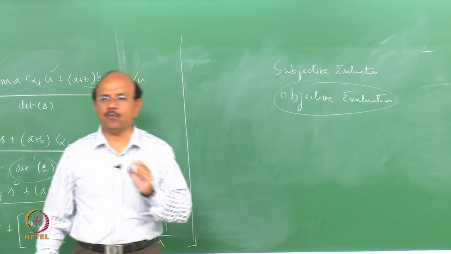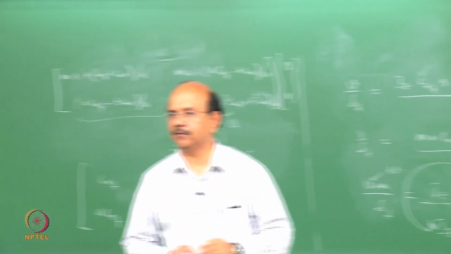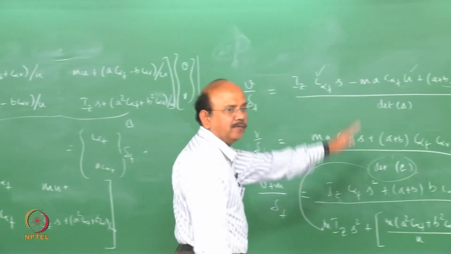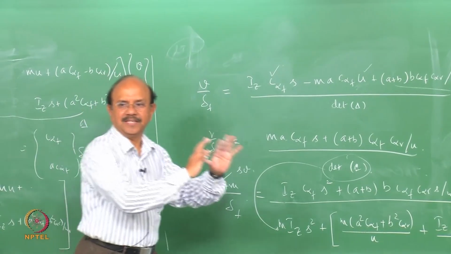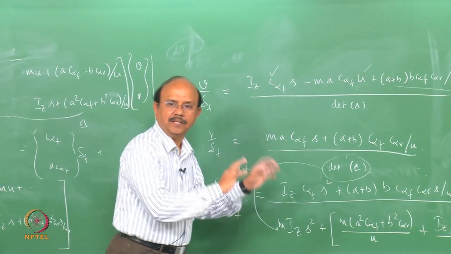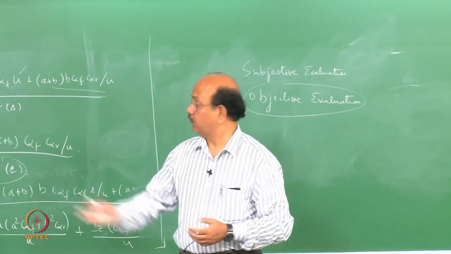So we are now looking at handling from a very quantitative perspective with all the equations which we have derived, and put down the rules and look at these 4, 5, 6 quantities.